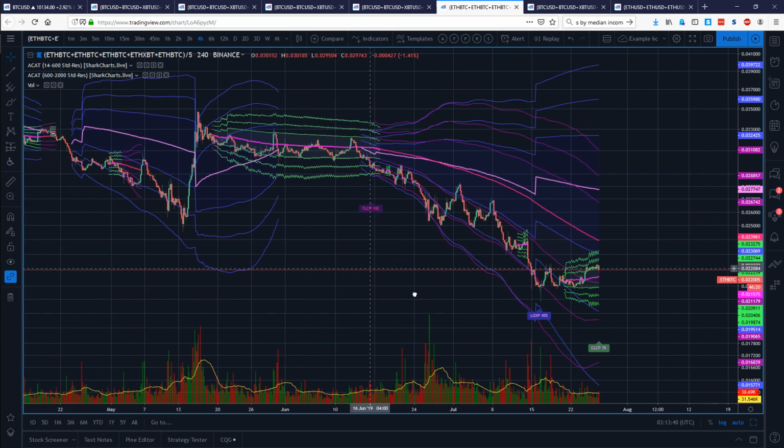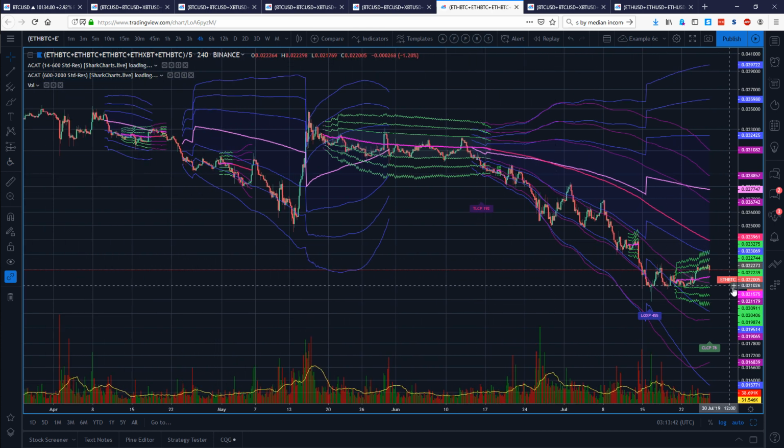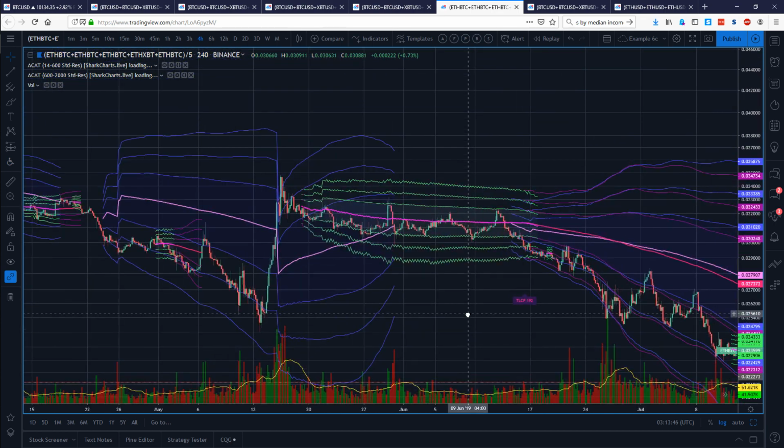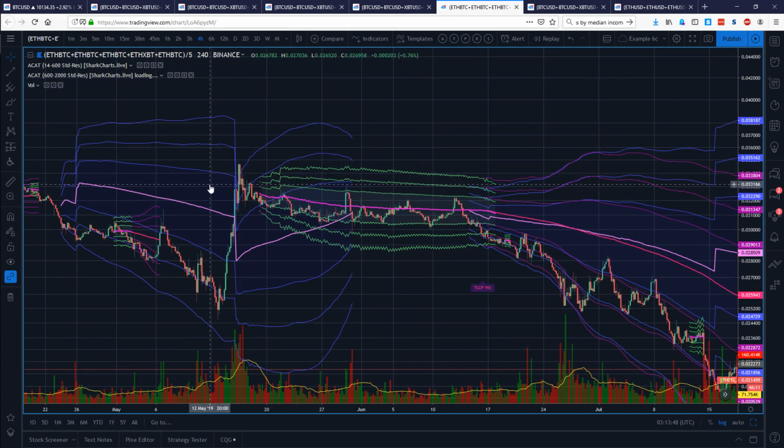This is ETH BTC over a similar time frame, and this one is just an incredibly clean compression range. And there was a lot of back and forth about the ETHUSD price and the BTCUSD price in this particular area.